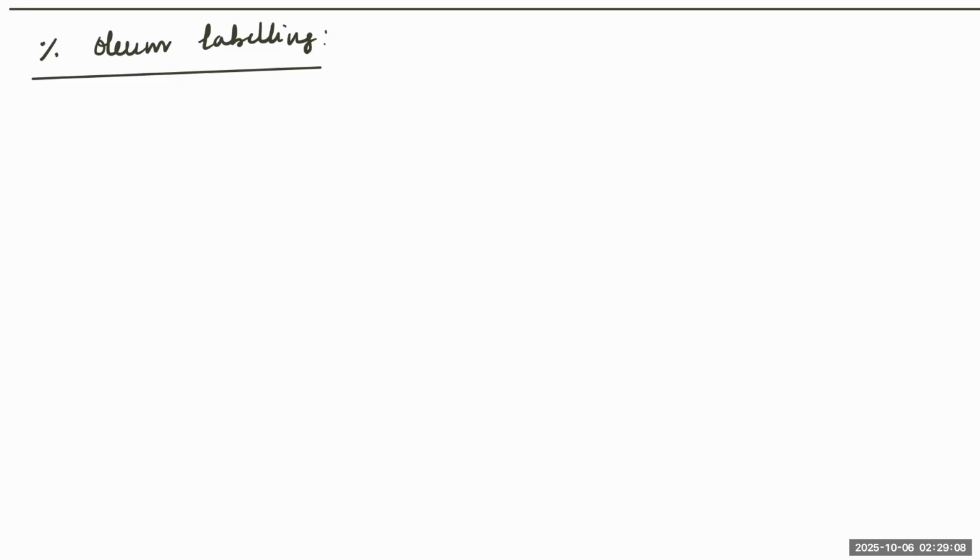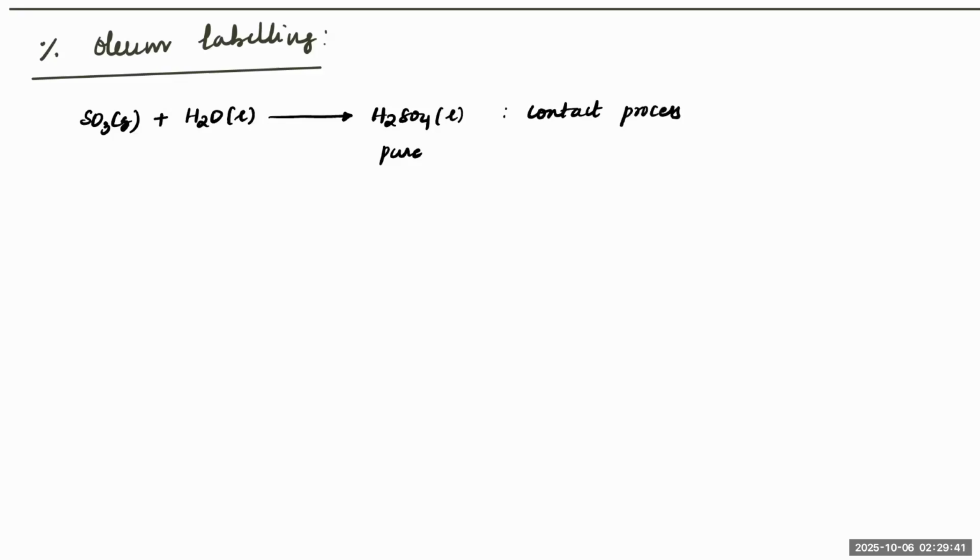The main reaction is this one: we take the vapors of SO3 and let it pass through moisture, that is H2O, to convert it into H2SO4, a liquid in pure form. This method is called the contact process. Industrially, this is how H2SO4 is prepared.